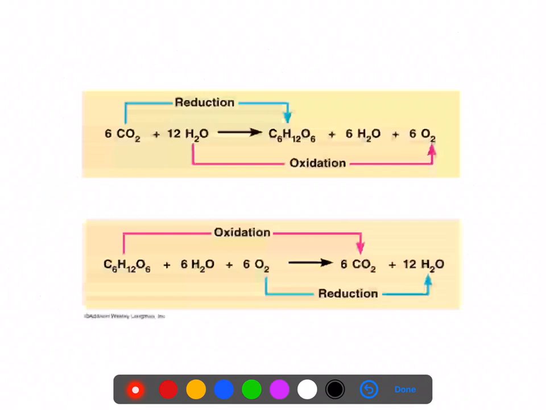And hydrolysis is used by cells to break down large polymers into individual monomers. That was chapter 3. In chapter 5, we learned about exergonic and endergonic reactions. And I think we should maybe practice some of that here as well.